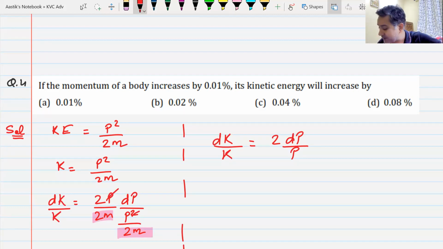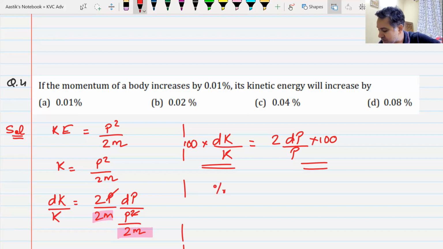If I multiply it by 100 on the left hand side, and on the right hand side, it is the percentage change. So on the left hand side, I have percentage change in kinetic energy. On the right hand side, I have percentage change in momentum. And what do I see? Percentage change in kinetic energy is 2 times the percentage change in momentum. Yes or no? Yes, sir.